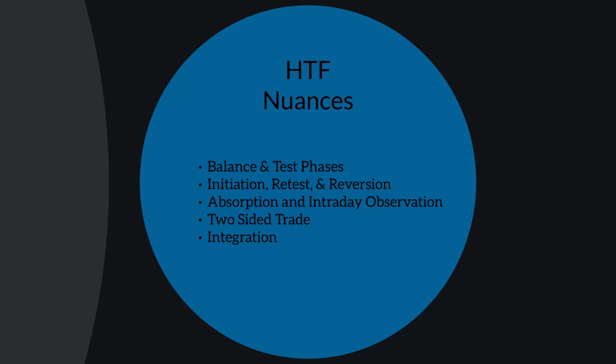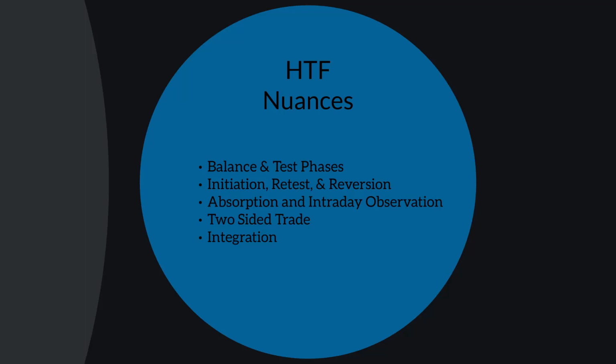One is the balance and test phases. When the market reaches a significant high time frame area, a primary LVN from a wider zone, as we zoom out, it typically does not result in an immediate stop and turn on a dime and move. Instead, there's often a period of balance and test where it pauses, two-way trade, test, pause, two-way trade, test, until you have initiation out of there, where the participants assess the commitment of that buy and sell activity.